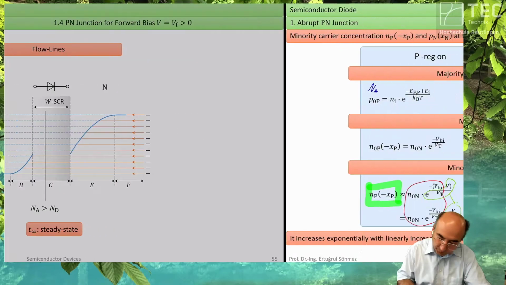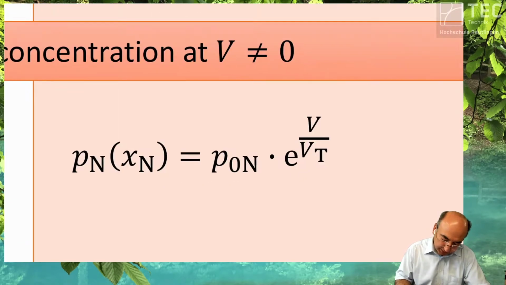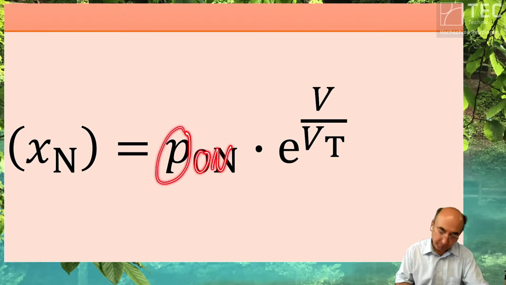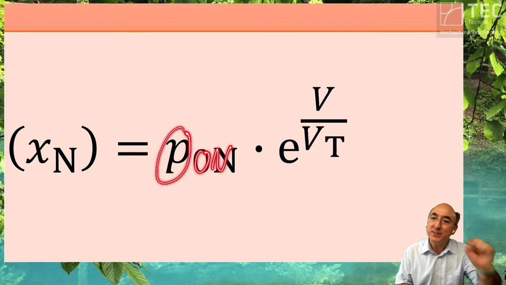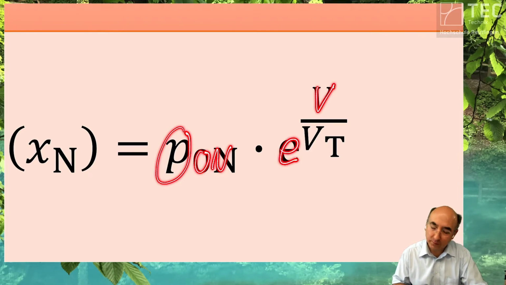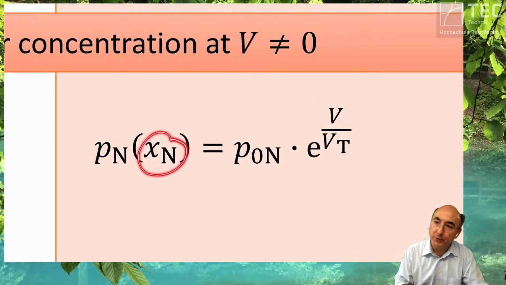Okay. And the same game we have here, the minority carriers in the N zone in thermodynamic equilibrium is given by the mass action law, and this value is increased exponentially by your applied voltage at the space charge region boundary, at this location.